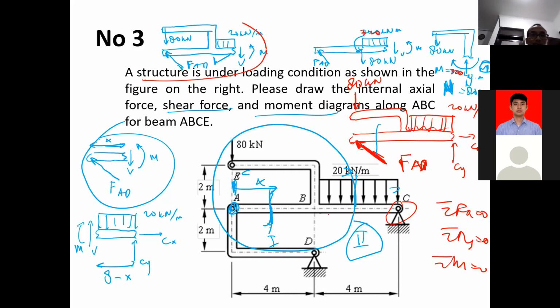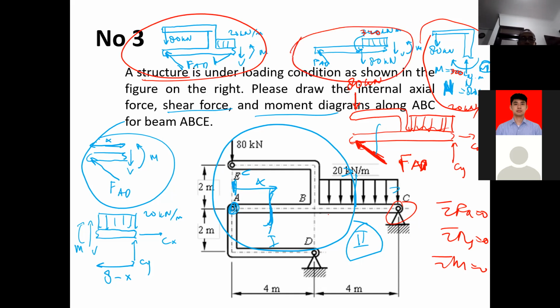Either you can do it this way, just do the calculation that way, or solve for the cut first and then move the moment and force to the edge like that, and solve for the simplified free body diagram like this.